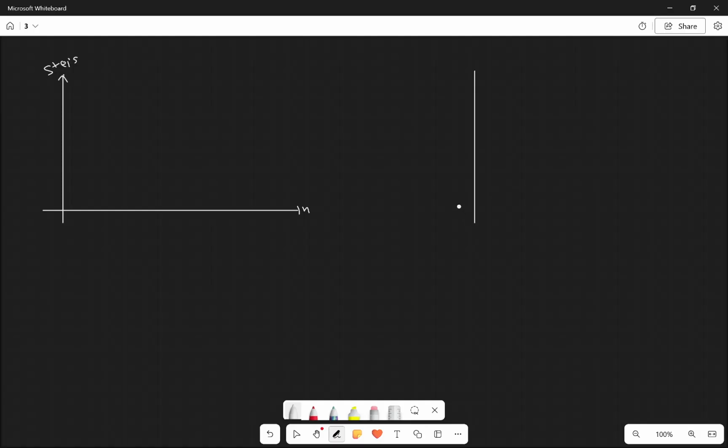Okay, so this is S, which stands for number of steps, and this is N, the number of books. This is the best case scenario, and this is the worst case.